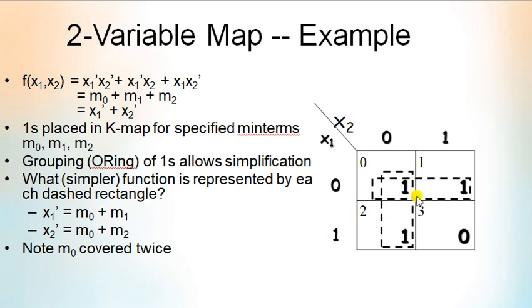So after marking ones using the minterms, we have to group the ones. The group must contain only ones, not zeros. First of all we group like this.